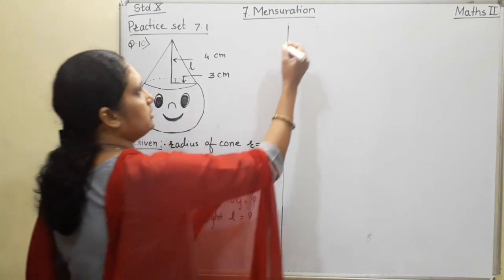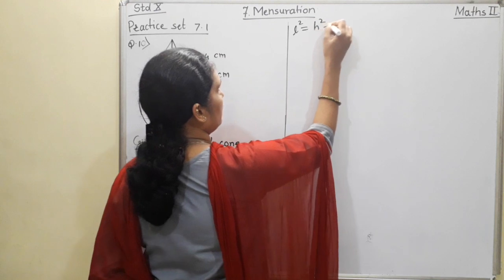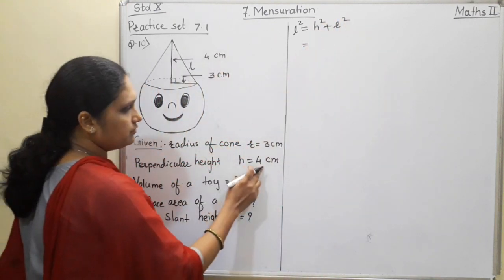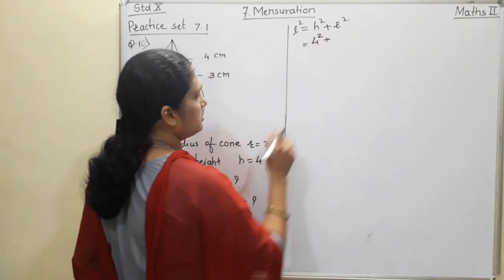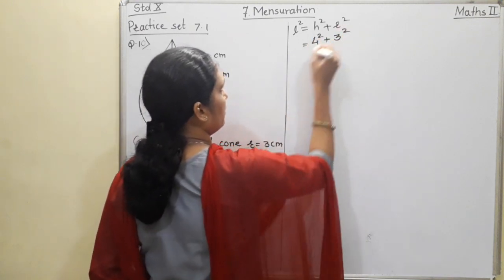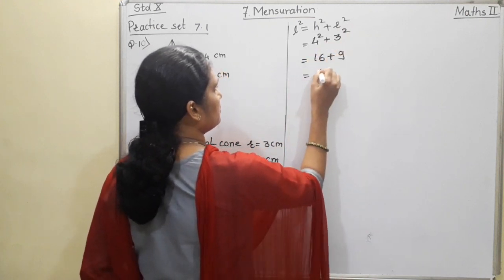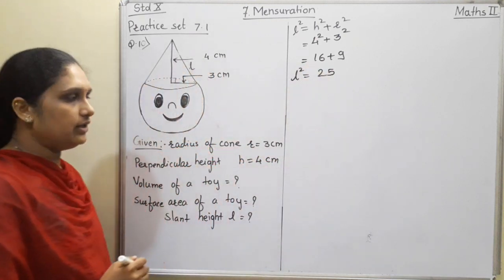Now by Pythagoras theorem, you know L square equal to h square plus r square. Now h is 4, so 4 square, plus r is 3, so 3 square, that is 16 plus 9, that is 25. So L square is equal to 25.